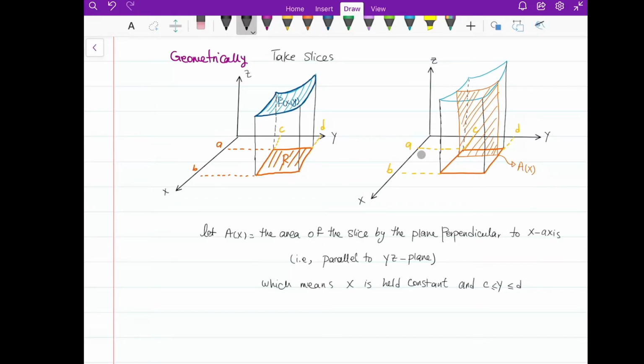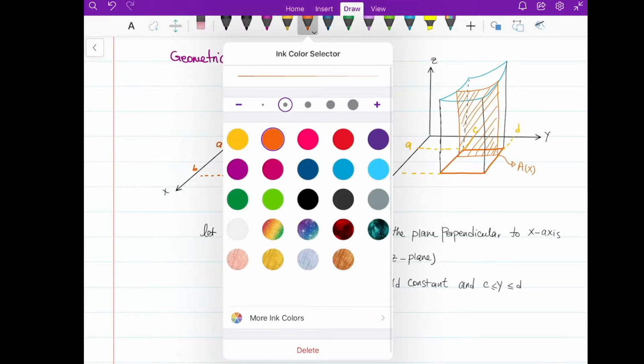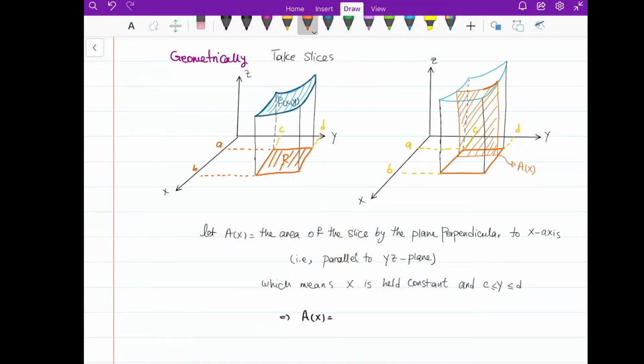So in that case, I can basically calculate A of x. So what is A of x? A of x is the area in here that is below just this curve, and I got this curve by just taking this slice. So what is this curve? This curve is actually f of x and y, where x is fixed.